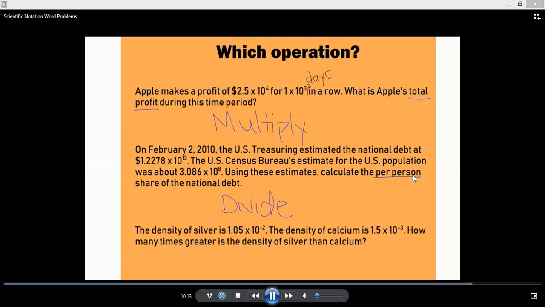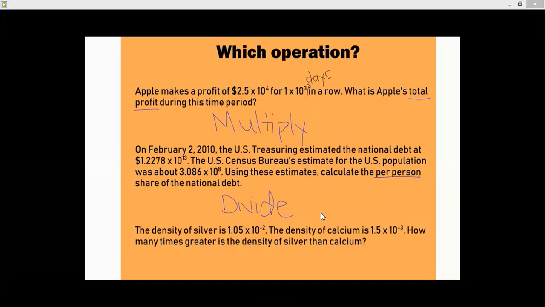Calculate the per person. Per person, we are looking for one. He gave us the total, right? And he said the population was about 3.086 times 10 to the power of 8. Use these estimates to calculate the per person share of the national debt. So this question will be divided.